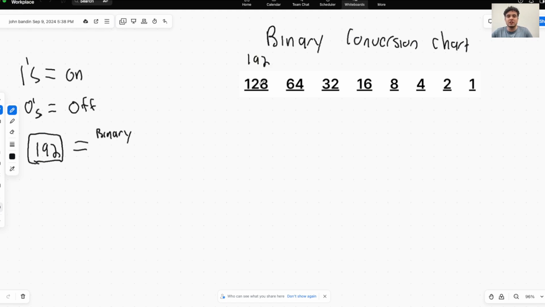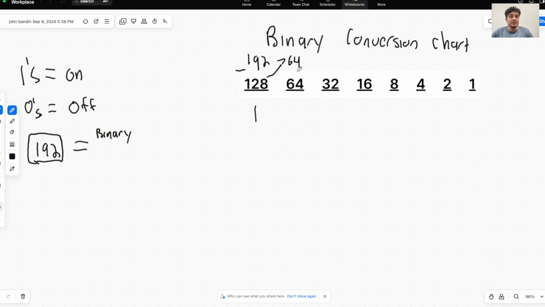And we're going to say, is 192 greater or equal to 128? Well, it's greater. If it's greater or equal to our binary conversion chart number, the number we're converting to binary, it's a 1-bit. And then we're going to subtract that number, that original number. So 192 minus 128 is 64.